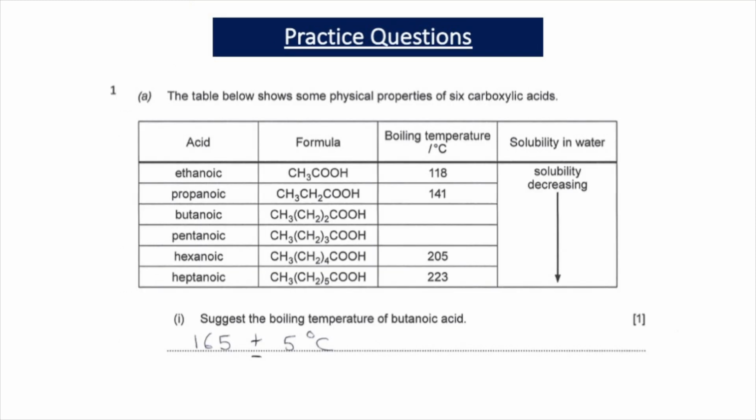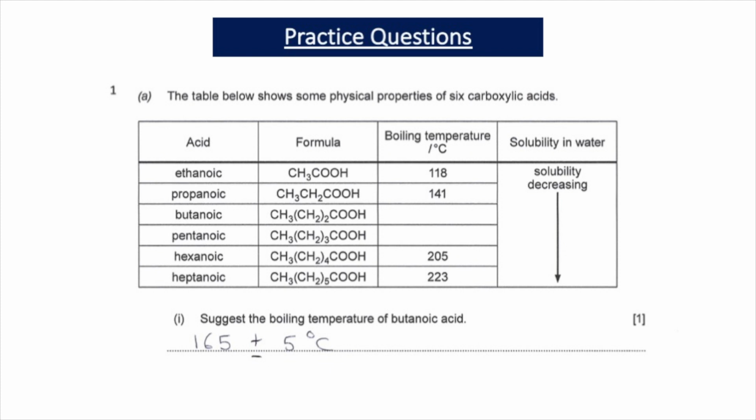Now, question 1A is asking you to suggest a boiling temperature for butanoic acid. Now, ethanoic acid has a boiling temperature of 118 degrees C. And when you add a CH2 group to form propanoic acid, this boiling temperature rises by 23 degrees C to 141. Now, you get a similar trend if you go to hexanoic acid, because this has a boiling temperature of 205.